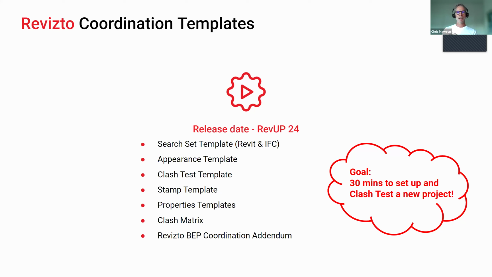This is our goal, and we can do it. We've proved that we can do it, and not just on a small project, on big projects as well. So we're working on standardizing the search sets, both for Revit and IFC, things like appearance templates, stamps, clash matrix, and things like the execution plans as well.